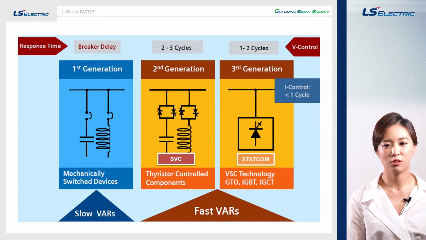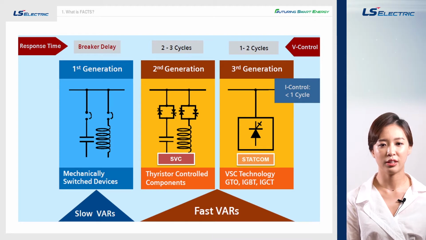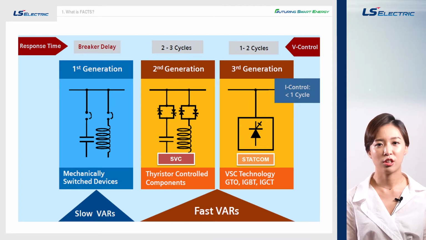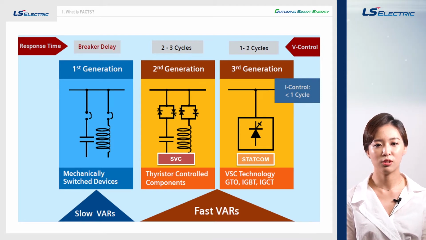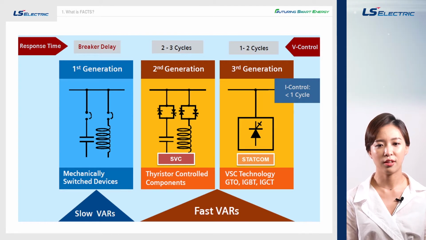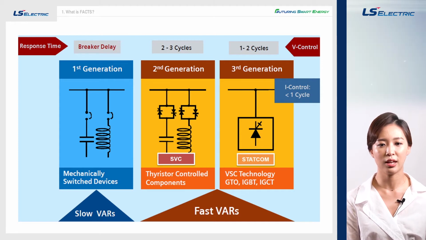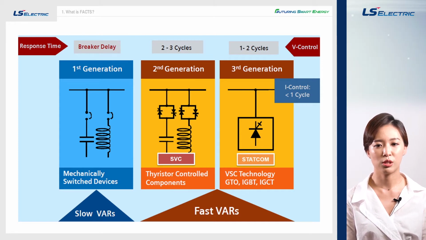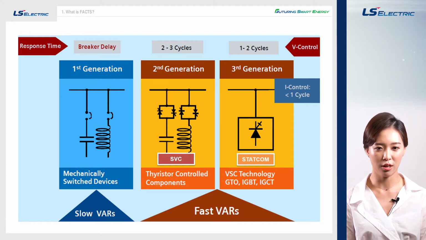Parallel FACT solutions are classified into three different generations. First generation uses mechanical switching devices, and second and third generation use power semiconductors such as thyristor and IGBT. The biggest feature is the response time. For first generation, as the system is using mechanical switching devices, the response time depends on the making or breaking time of the circuit breaker.